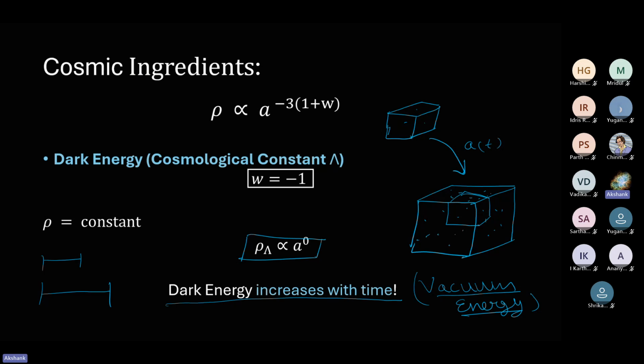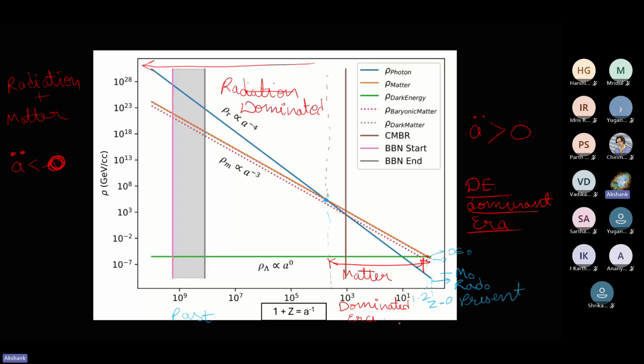But the problem is, the density of radiation at present is so low that you can't explain the observed acceleration from the energy lost. And the energy density of dark energy is much higher.